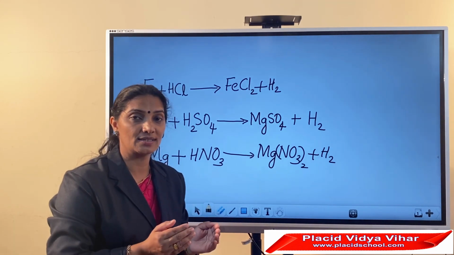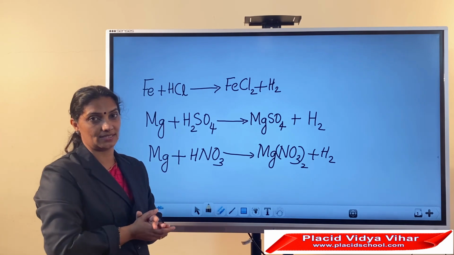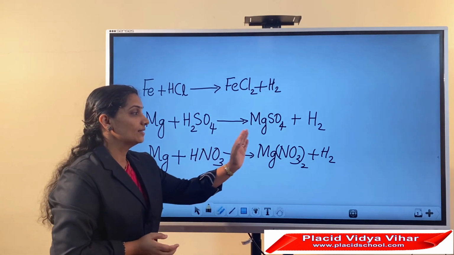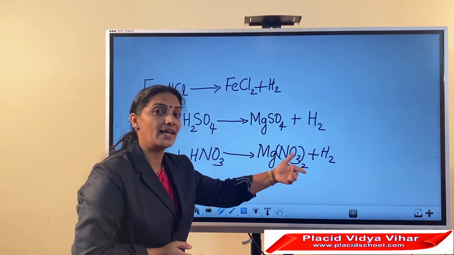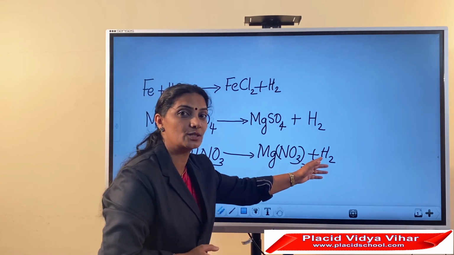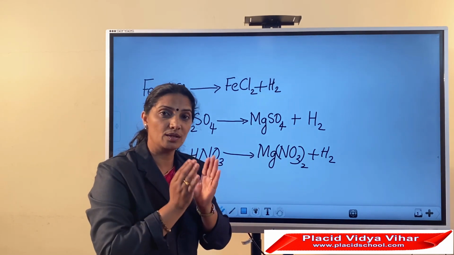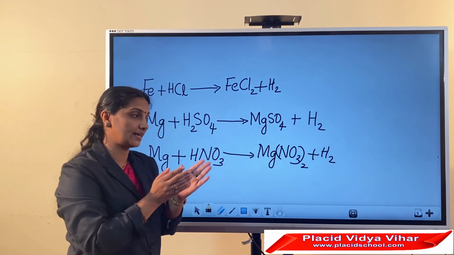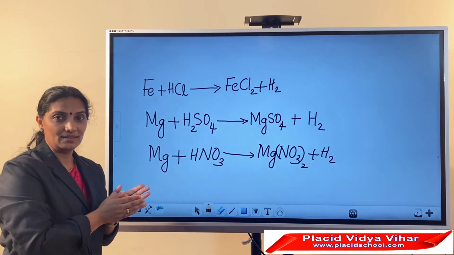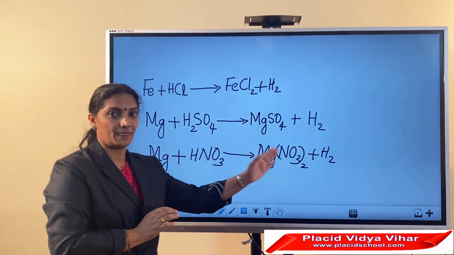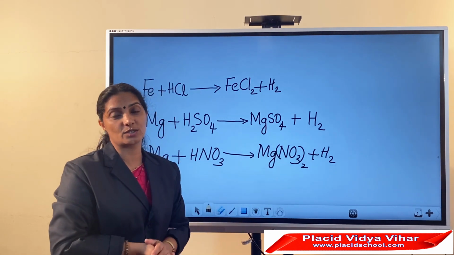So when we use nitric acid in these types of reactions, nitric acid releases oxygen and that oxygen combines with hydrogen to form H2O. So in most of the chemical reactions between nitric acid and metal, we don't get hydrogen. Instead of hydrogen, we have H2O.